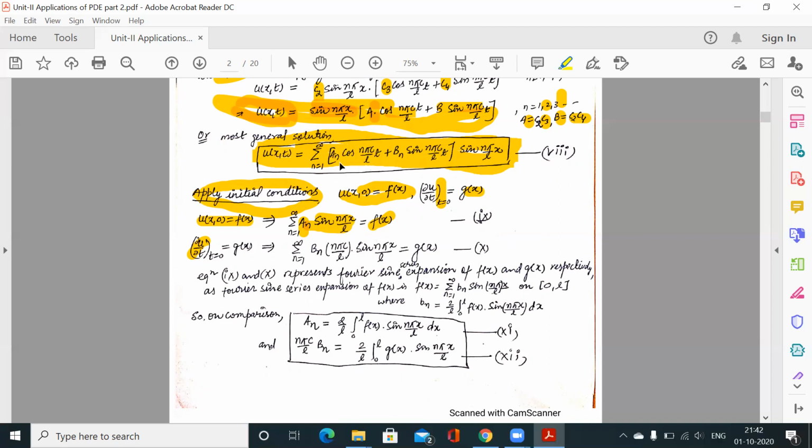So minus n pi c by l a_n sin(n pi c t by l). Similarly here, the differentiation of this term is cos(n pi c t by l) into the coefficient of t, n pi c by l. So after differentiation, in del u over del t, this is now a sine function and this is a cos function. So this would be 0 because this is sine.